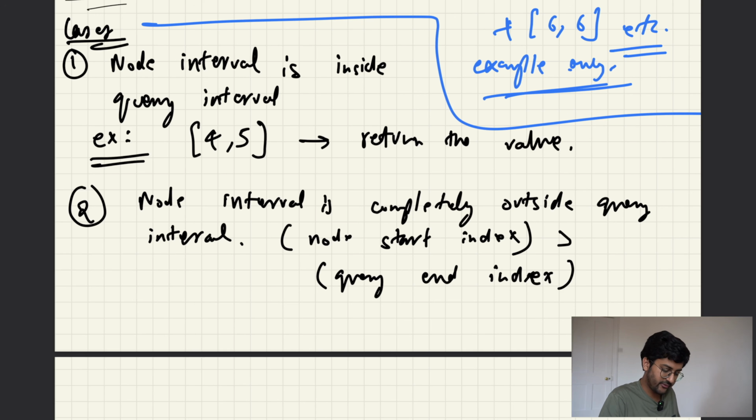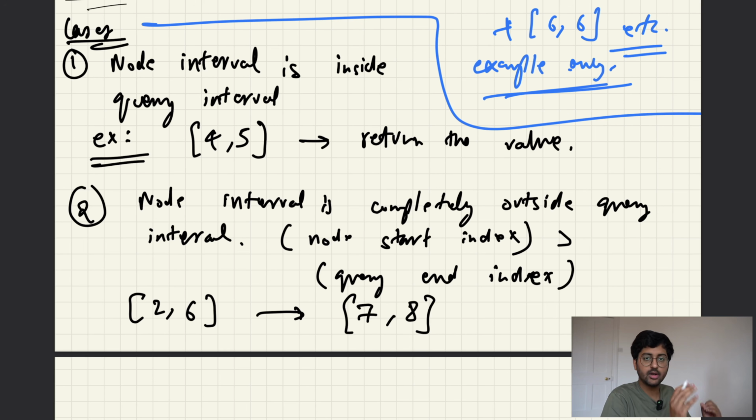So let's say for 2, 6, you are at an interval called 7, 8 or something. I want the answer between 2, 6. Now I am at an interval that is giving me the sum between 7 and 8. Do I need it? No. I don't need it. Okay. Sounds good?